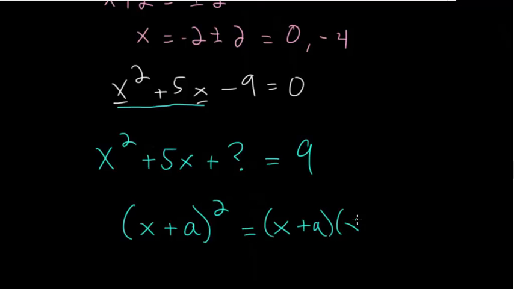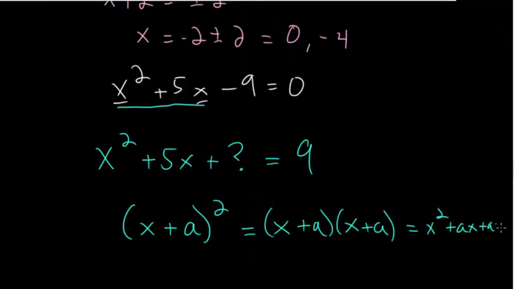So x plus a times x plus a, if we use distribution, we have x go into both of those terms, so that's x times x, which is x squared, plus x times a, which is ax, and then the a distributes to both of those terms. So you have a times x, and then plus a times a.